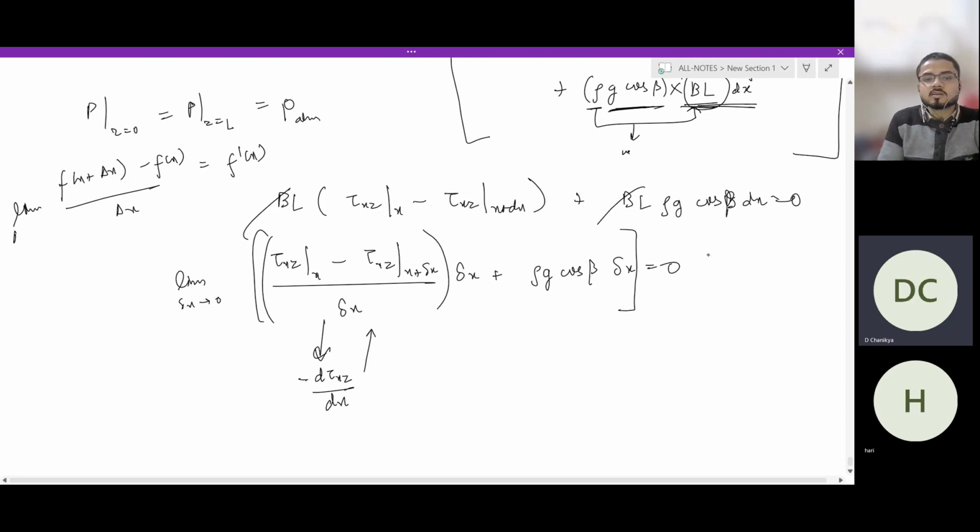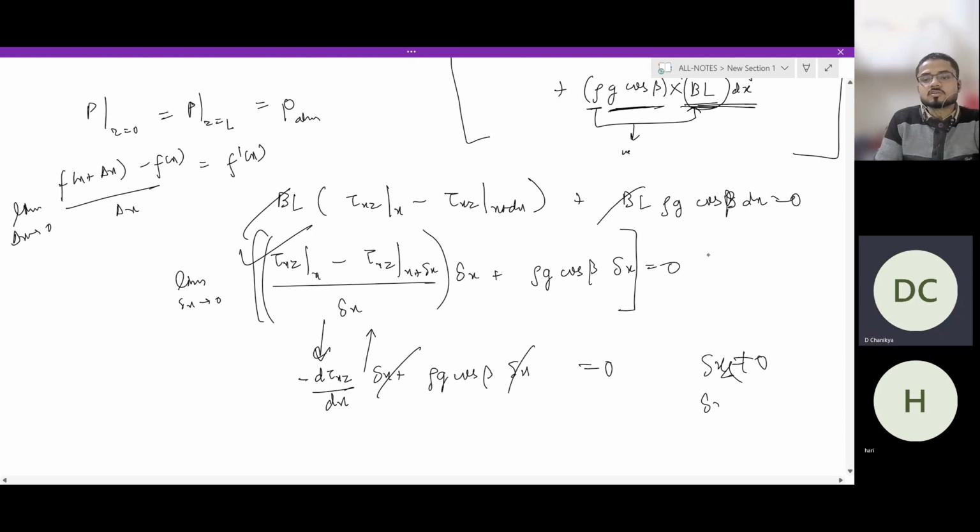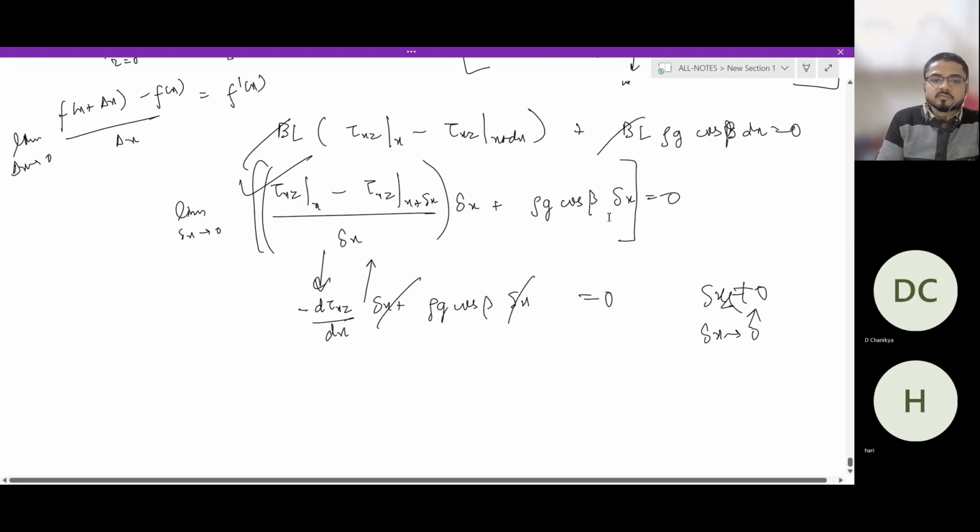And this situation is identical to this one. So we write delta x plus rho g cos beta delta x, and both of these get cancelled since delta x is not equal to 0. It is tending to 0, but not equal to 0, right?